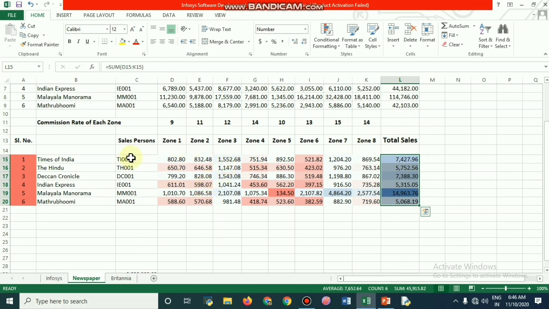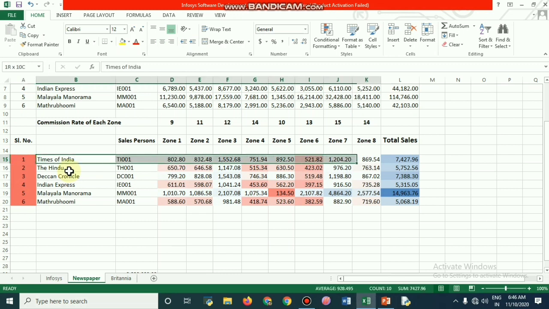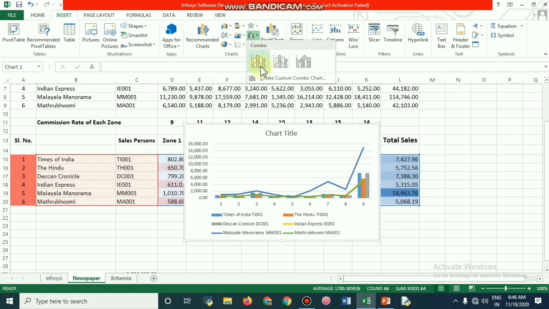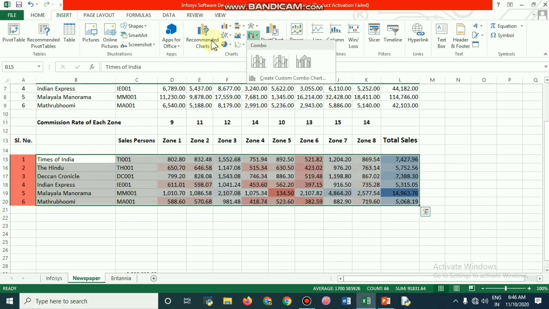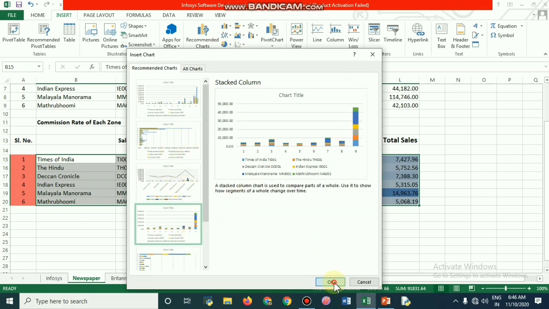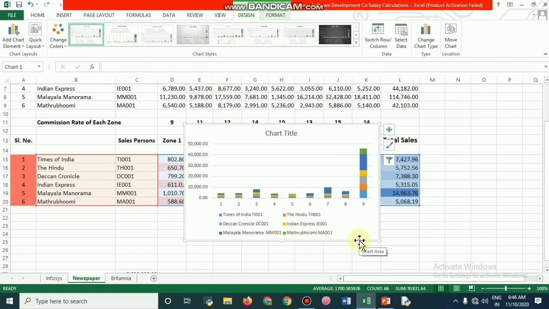Select the area where you want the chart to be, and just insert a chart. Go for chart. What is pivot charts and charts? Bar chart. The charts come up here.